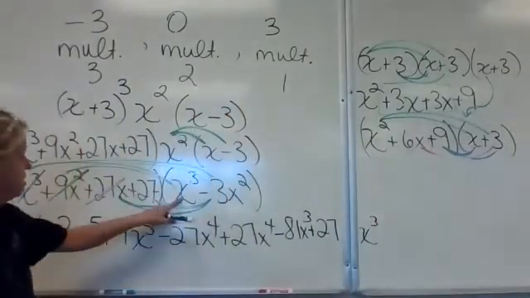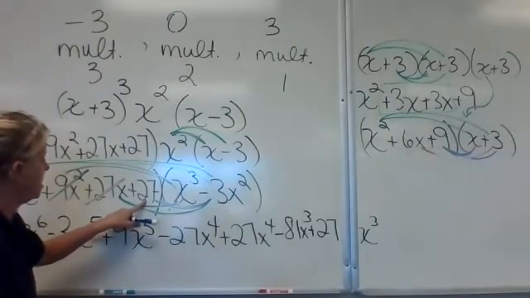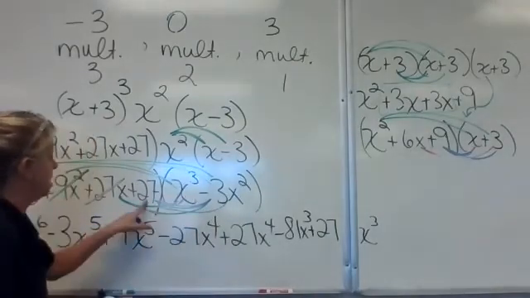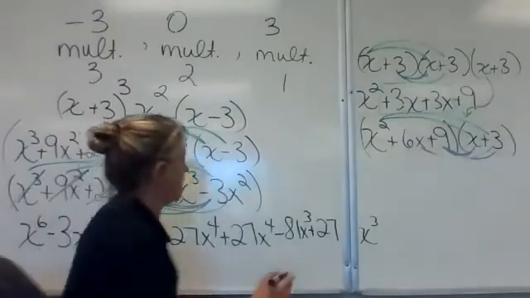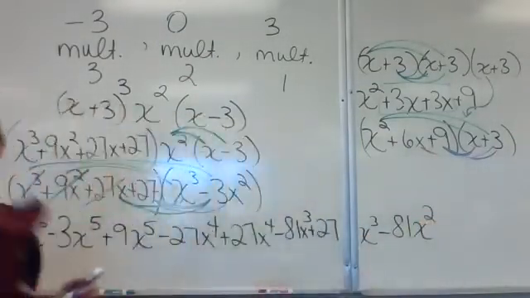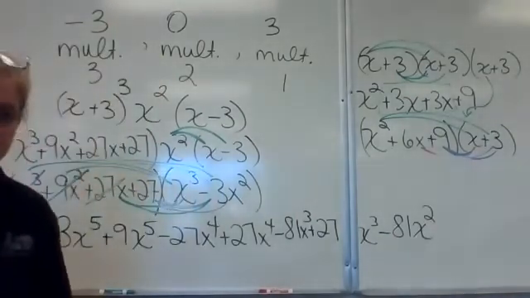I did the 27 times the x to the 3rd, gave me 27x to the 3rd, and I have 27 times negative 3x squared, which gives me 27 times negative 3 is negative 81x squared. Then all I have left to do is combine like terms.